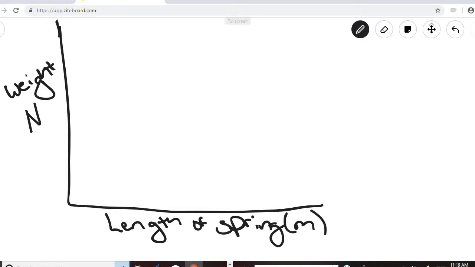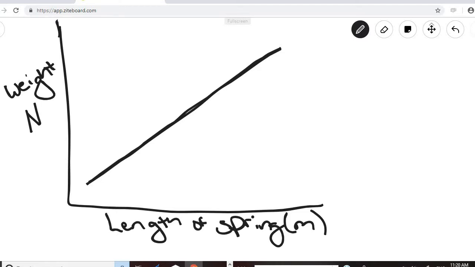What we would see is a pretty linear relationship. In other words, as the weight of the object that is suspended from the spring increases, the length of the spring also increases.